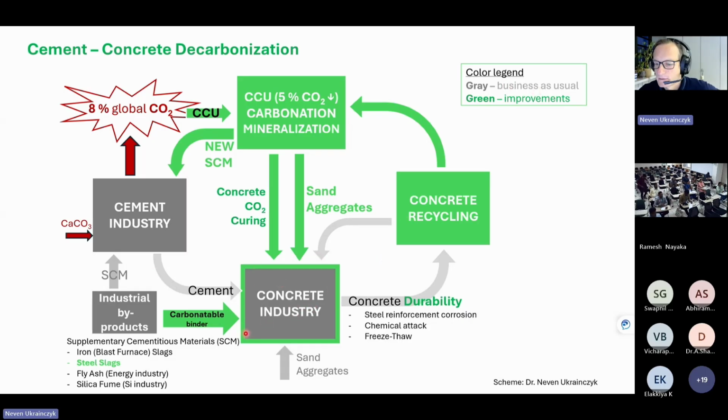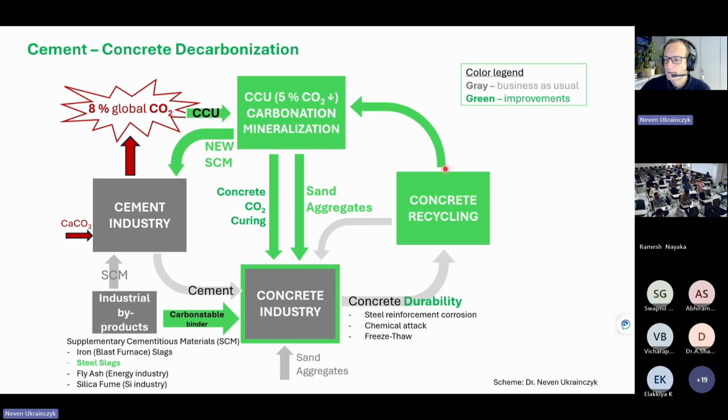But of course, we also need the green part. They have to adapt to new raw materials, new cements, and also to durability and how we account for durability, and recycling. This is the new part, because mostly concrete was okay. It's now being used a little bit for recycling of aggregates. That's why this part is the gray part.